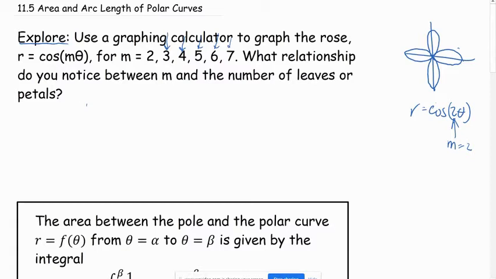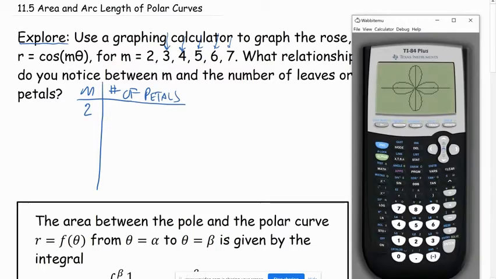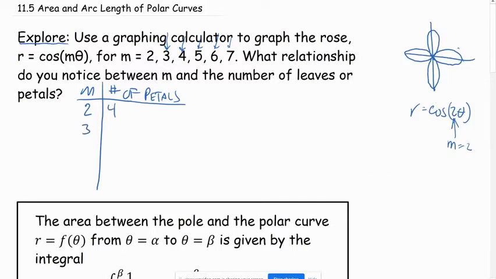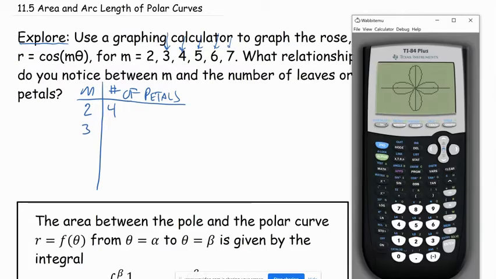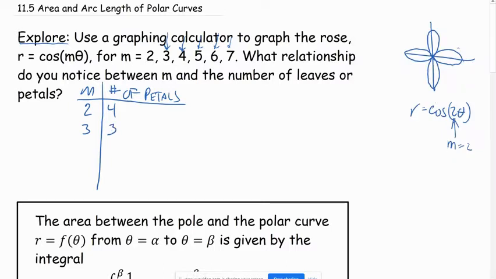So if we set up a table with m and the number of petals, when m is 2, that was the one we did in the last set of notes, we have 4 petals, and then we can go to m equals 3, and so if I graph, let's turn this one off, and graph this one. So when m is 3, we have 3 petals.